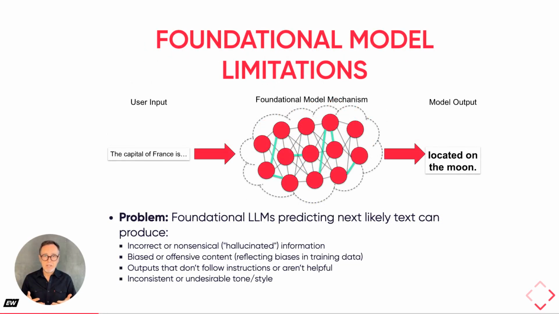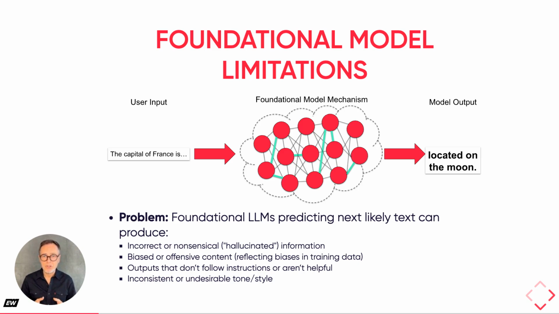Because foundational LLMs are essentially sophisticated pattern predictors trained on vast, often unfiltered internet data, they inherently have significant limitations, especially when considering their use in reliable business applications. As this slide outlines, their next likely text prediction mechanism can lead to several problems.